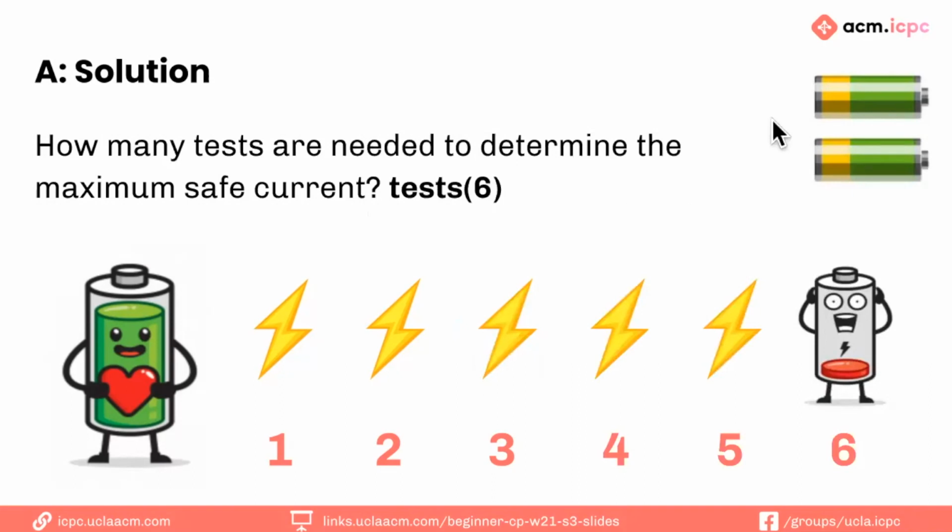Right. So you actually want to assume that you don't know what the correct answer is. So essentially what we're doing is the test of 6 determines the maximum number of tests required in the worst case. So obviously if you knew that the answer was 4, then you could theoretically just choose 4 the first time and then choose 3 the second time and you'd be done, because you'd see that 4 blows up and 3 doesn't blow up.